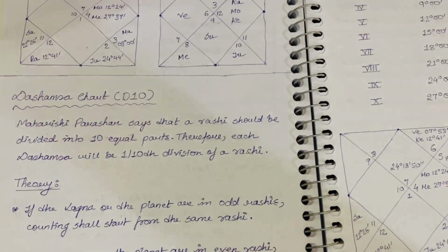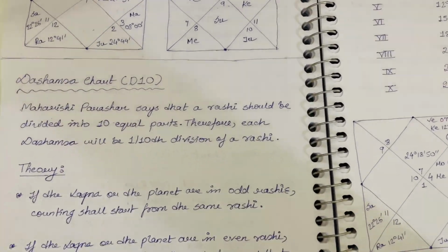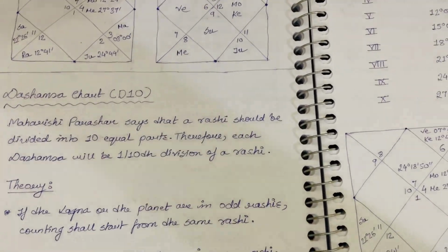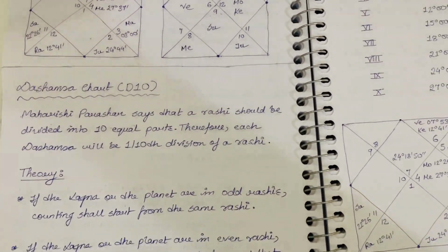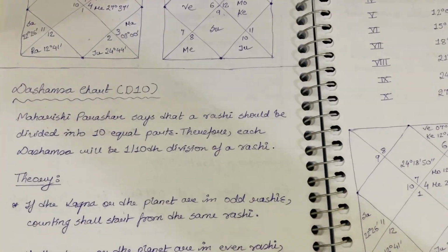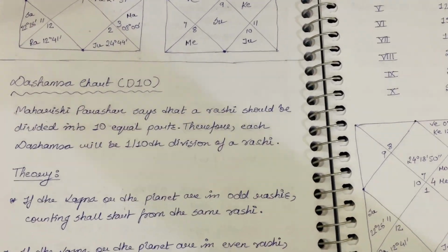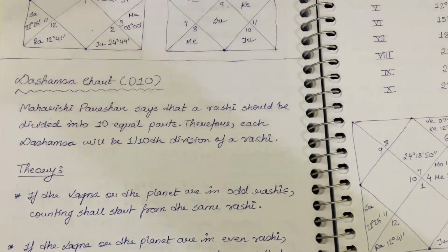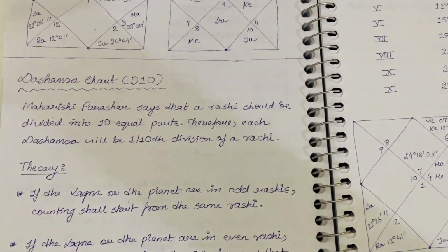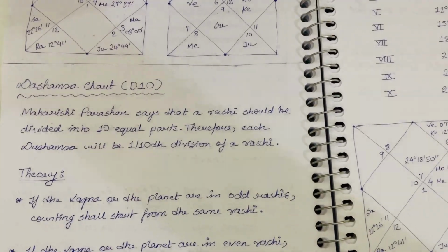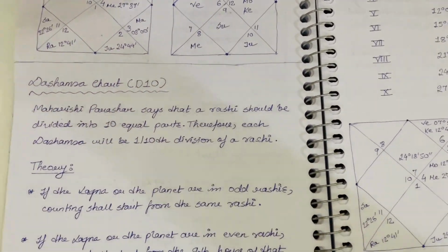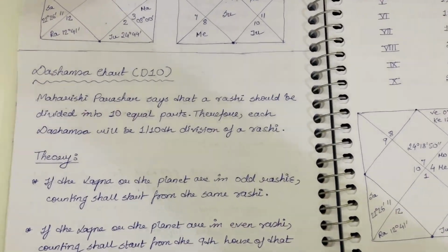Using the Dashamsha chart, we can understand the finer, minute aspects of an individual's professional life, karma, career, profession, whatever are the significators of the 10th house. We can have a closer look at all of those significations from the D10 chart, the Dashamsha chart.